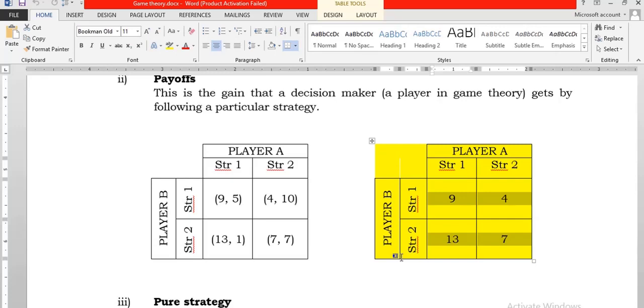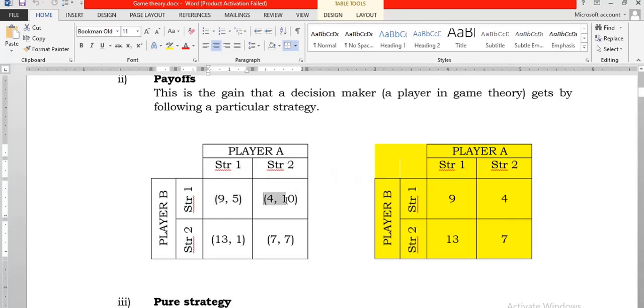What does this mean, therefore? It means that, for instance, if these were customers being targeted and the total number of customers is 14, when you apply strategy 1, that means player B will get 9 customers and player A will get 5 customers. If you apply strategy 2 vis-a-vis strategy 1 for player B, player B will get 4 and player A will get 10.